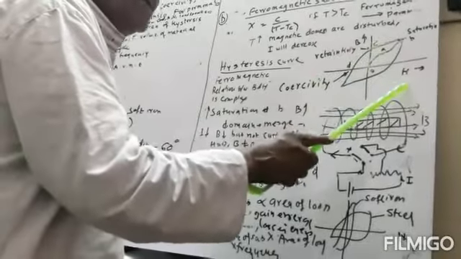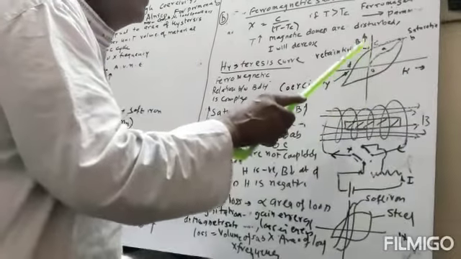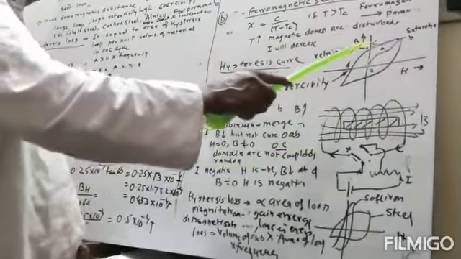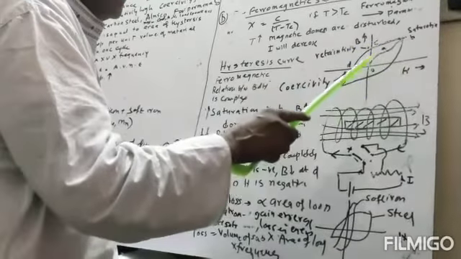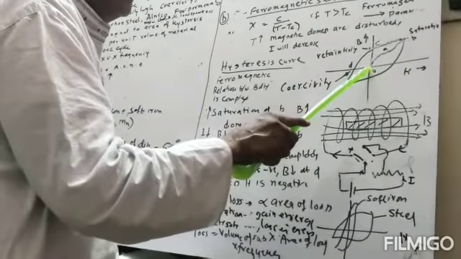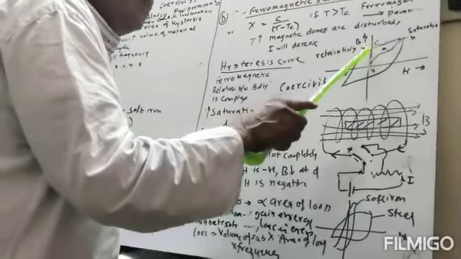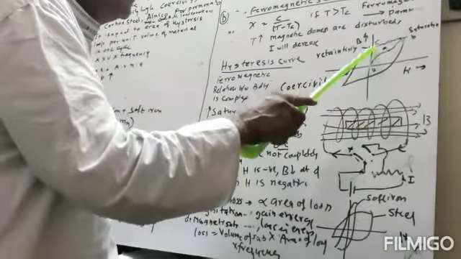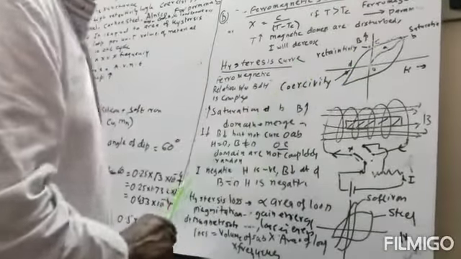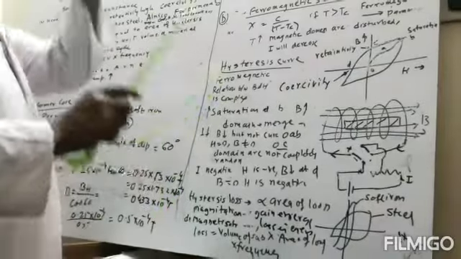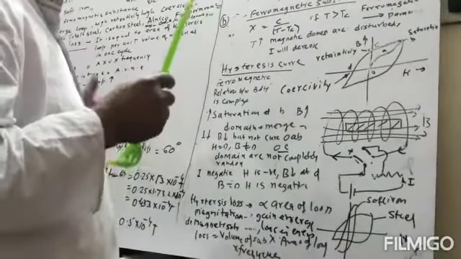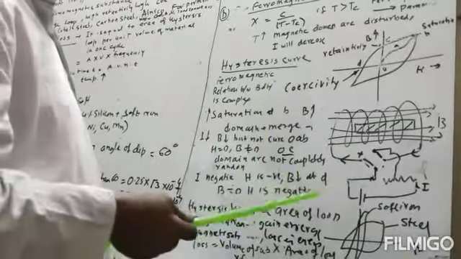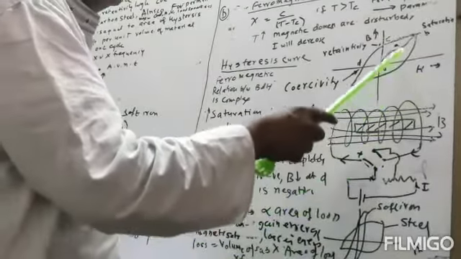When the magnetizing field is 0, but B is not 0, it means it is still magnetized. At this point H was 0, and B was also 0. But at this point B is not 0, and this point is known as the retentivity. Means the magnetization is retained even though the current is equal to 0.